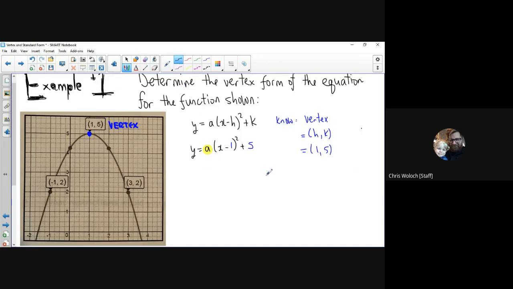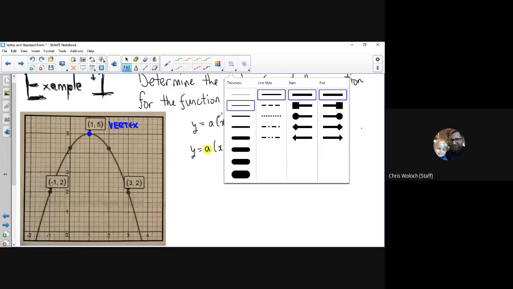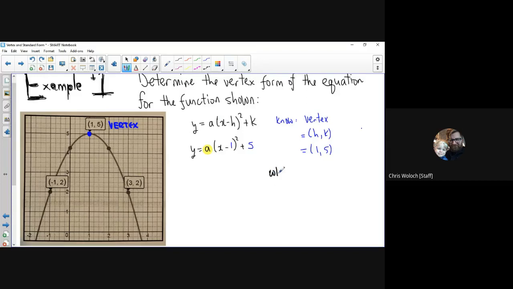So again, when you look at this, we say, okay, what is left? I have an x, we have a y, and we have an a. Now the a is unknown.